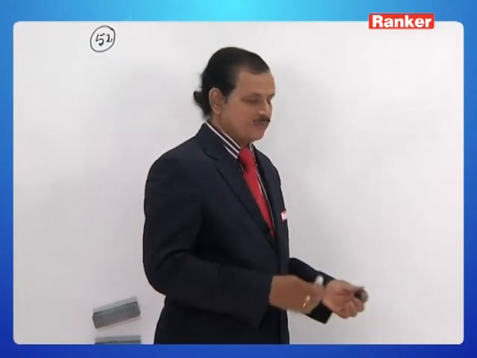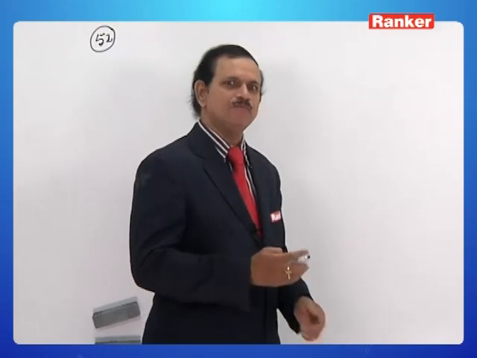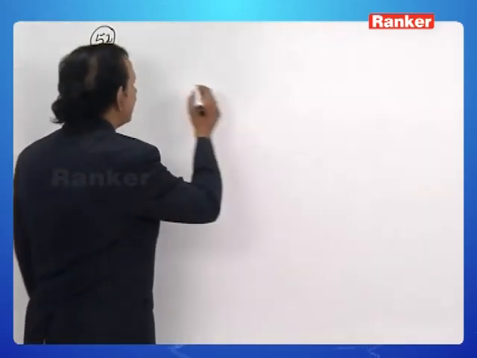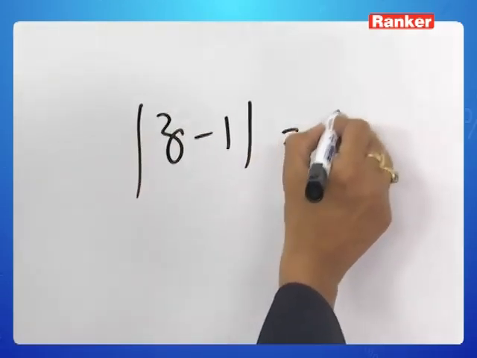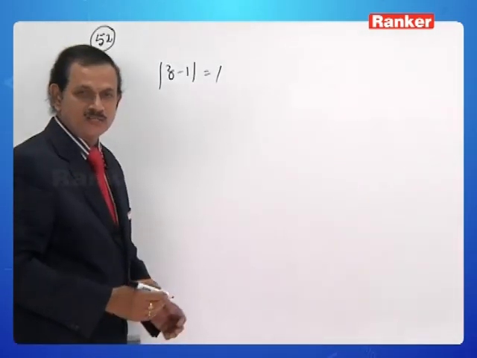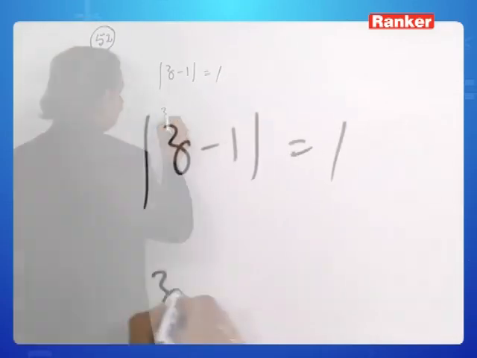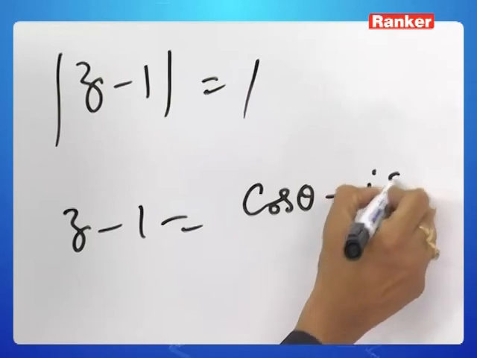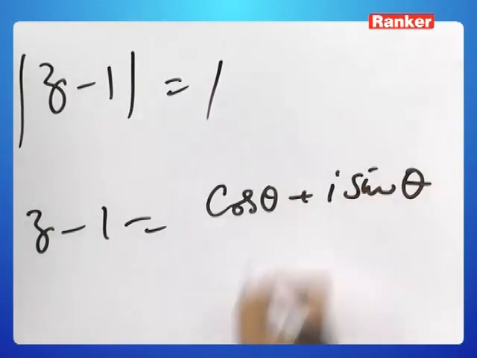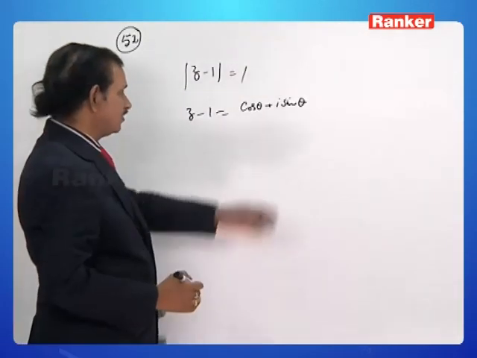Let me try to express z − 1 in modulus-amplitude form. Since |z − 1| is 1, I can write z − 1 = cos θ + i sin θ, because its modulus is 1.